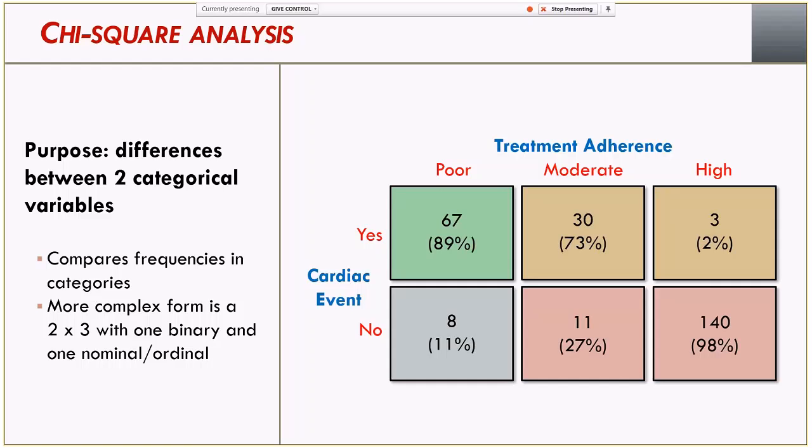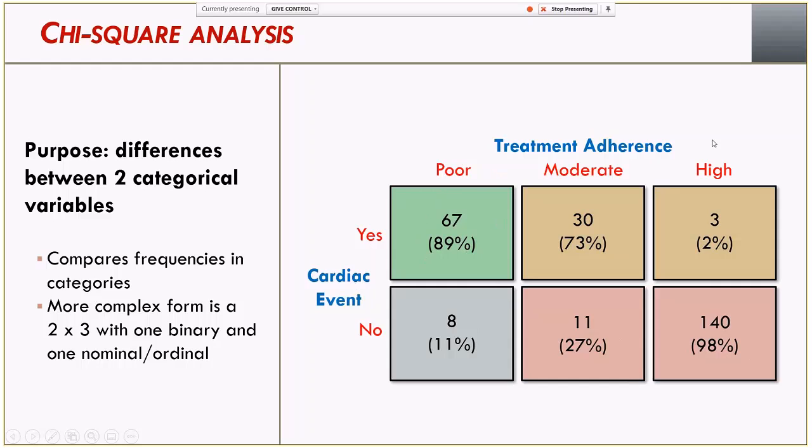And so we can see here that when treatment adherence was high, down here at the bottom right-hand corner, the rate of cardiac event being no was 98%, and it goes less and less as treatment adherence is poor. So if we go up here, when treatment adherence is poor, the rate of no cardiac event is 89%.